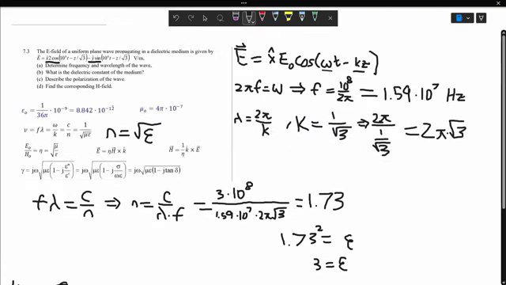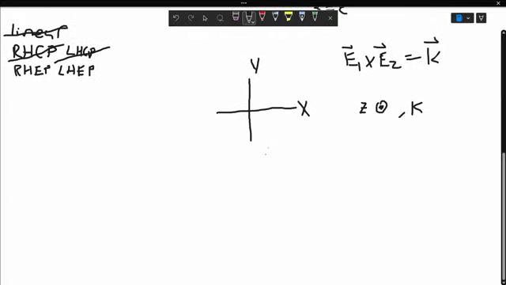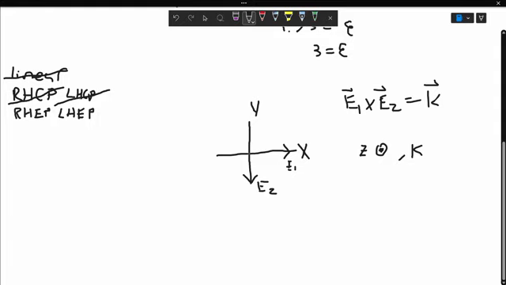So looking at the directions, we have x hat and negative y hat. So we see x hat and we see negative y hat. This is E1, this is E2. And then we know that k is, like we said earlier, coming out of the page in the direction z. I have it denoted on the side for clarity's sake.